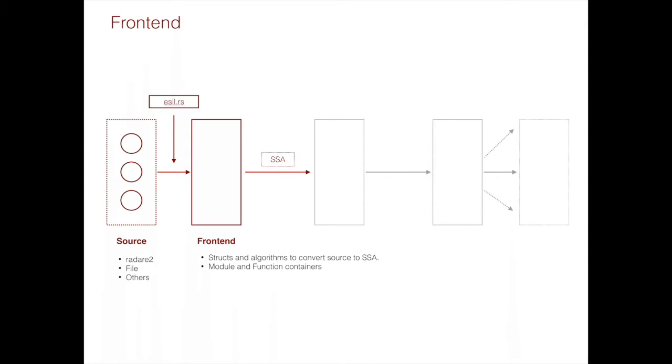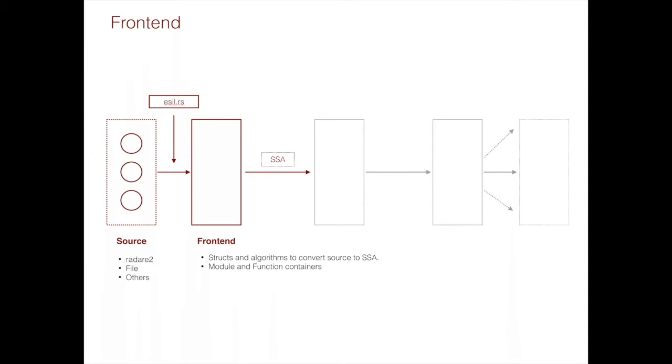And the front end uses this information and algorithms to convert from raw SL into the SSA form. The algorithm we use to convert to SSA form is a modified version of the algorithm which is described in "Simple and Efficient Construction of Static Single Assignment Form".